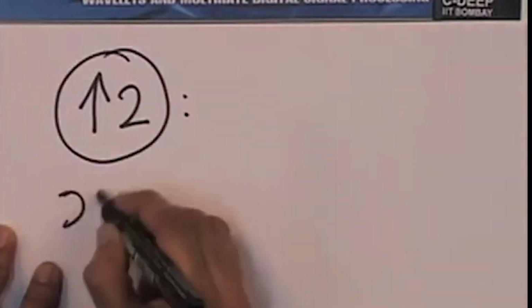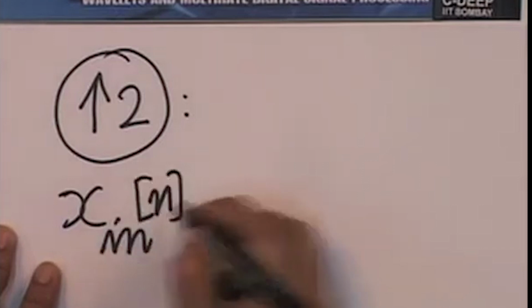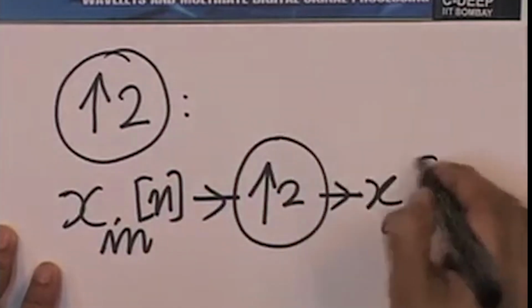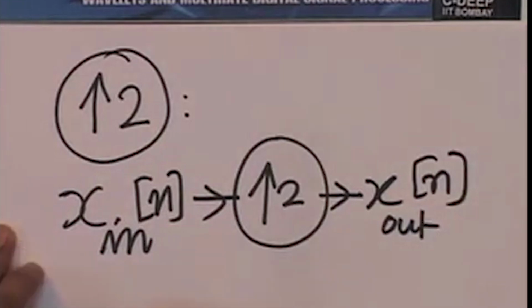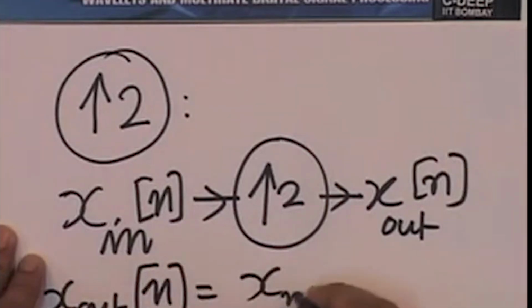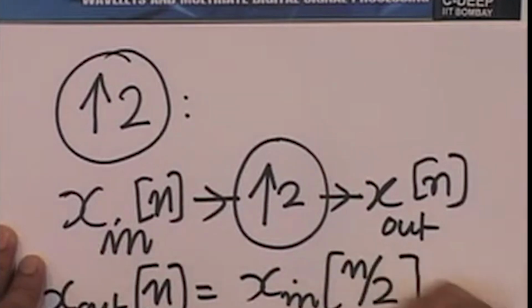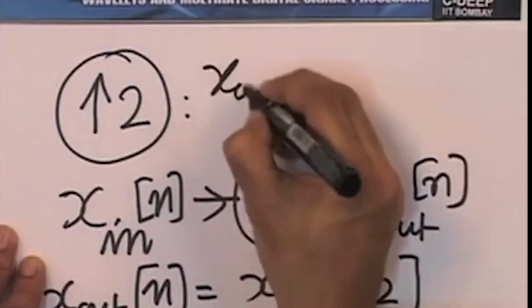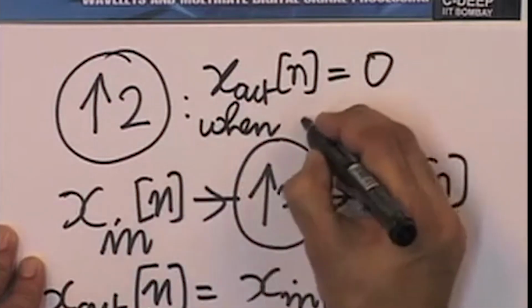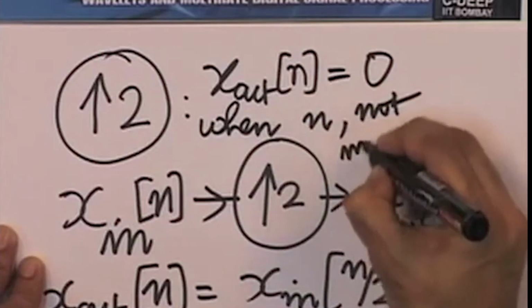So, if you have x in as a function of n, and you subject this to the action of up 2 to produce x out as a function of n, then x out of n shall be equal to x in at n by 2 for n a multiple of 2, and 0 else, when n is not divisible by 2.